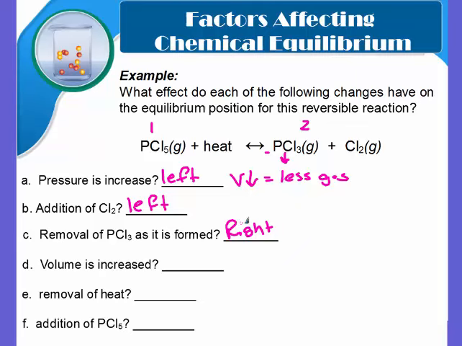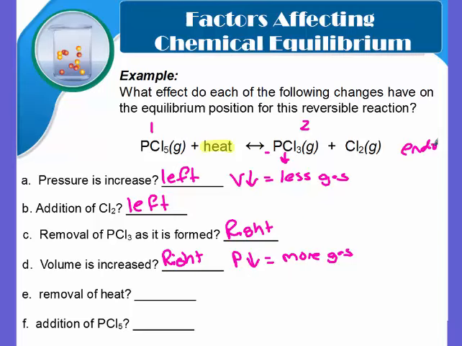Volume is increased, which means pressure is decreased. We want more gas. So it would shift right towards more gas. In this problem, they gave us heat as a reactant, so we know the reaction is endothermic.